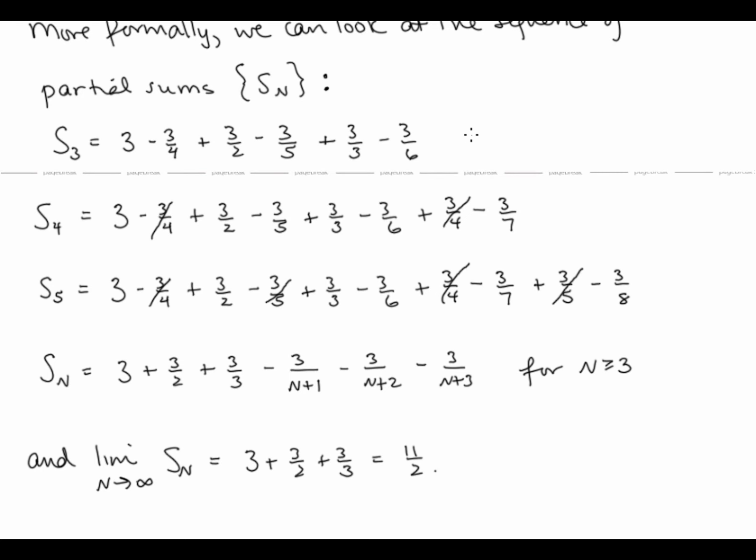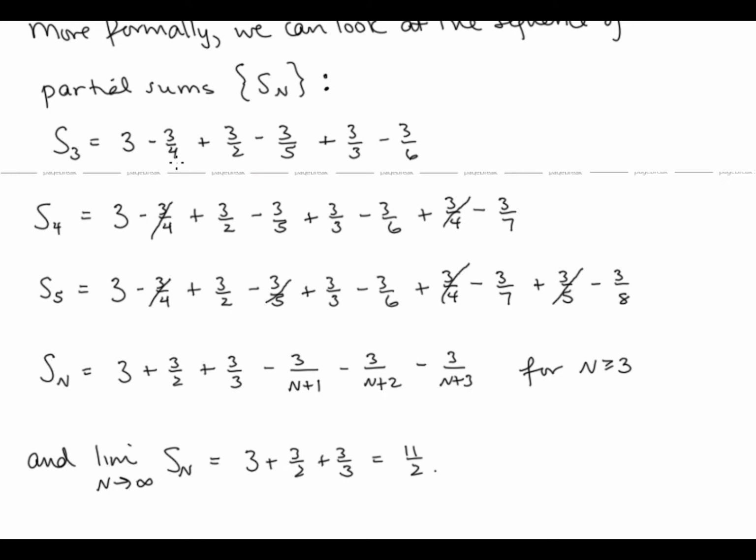And so notice that the partial sums that we have here can be written in this form. They all have the 3 plus 3/2 plus 3/3. And the remaining subtraction terms look like 3 over n plus 1, 3 over n plus 2, 3 over n plus 3.